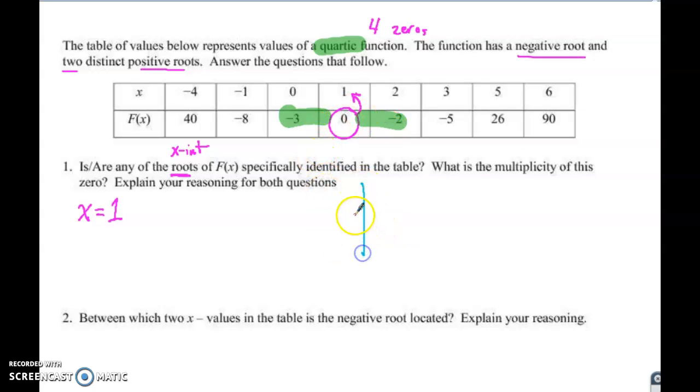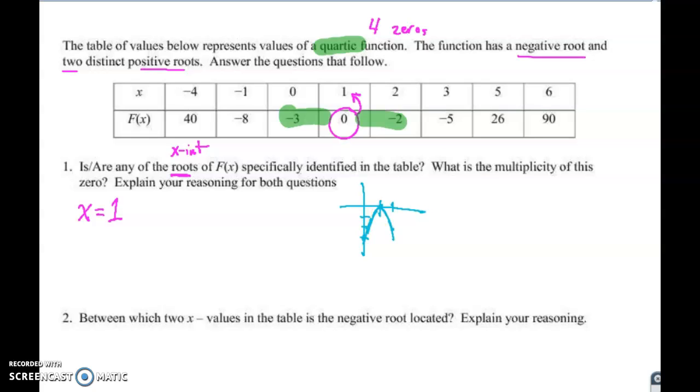I've seen students in the past, they actually draw it out, that at x equals 1 you get 0, and at x equals 0 it's -3, and x equals 2 is -2. And they actually visualize that it just touches the x-axis there. Now, I definitely agree, because I had students in the past tell me, well, what if it goes above and then back down or something like that?